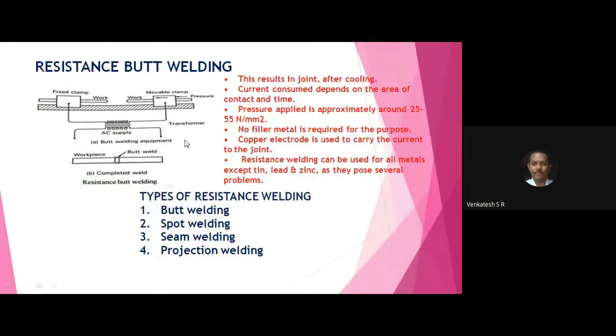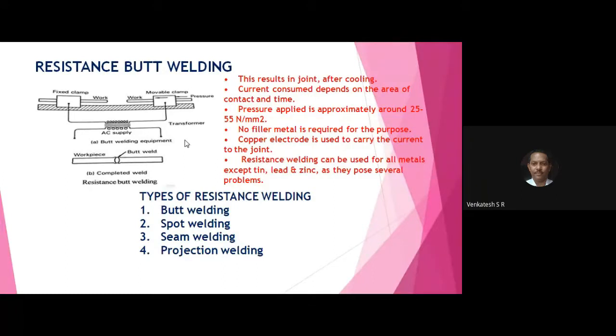Next, all of you write down types of resistance welding. Write down one by one. Number 1, butt welding. Number 2, spot welding. Number 3, seam welding.